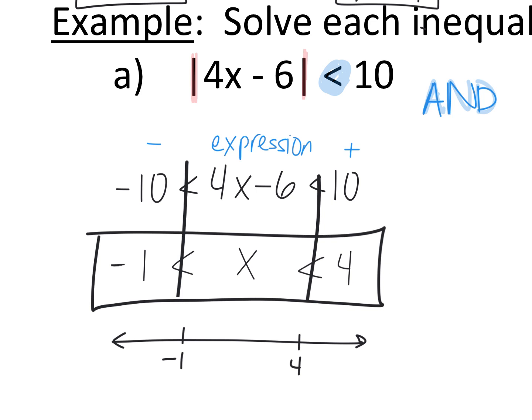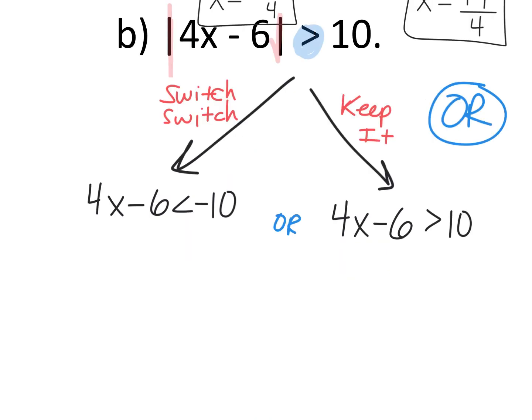Open or closed circles, and it's in between negative 1 and 4. Okay, so you're going to put in interval notation, negative 1, comma, 4. It should not have any infinities because it's not going to infinity. So keep it, switch, switch, or the acronym for that is KISS, okay?